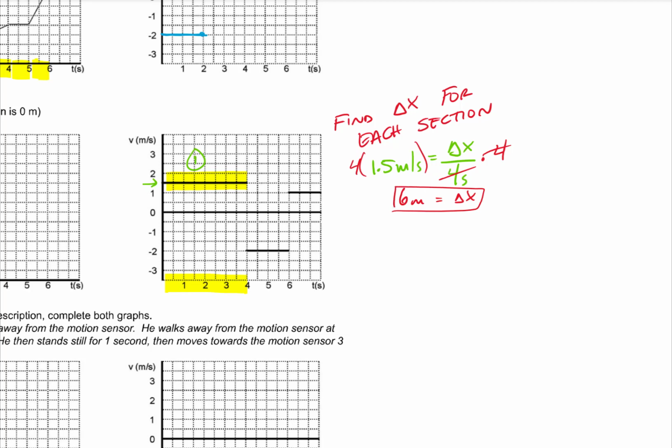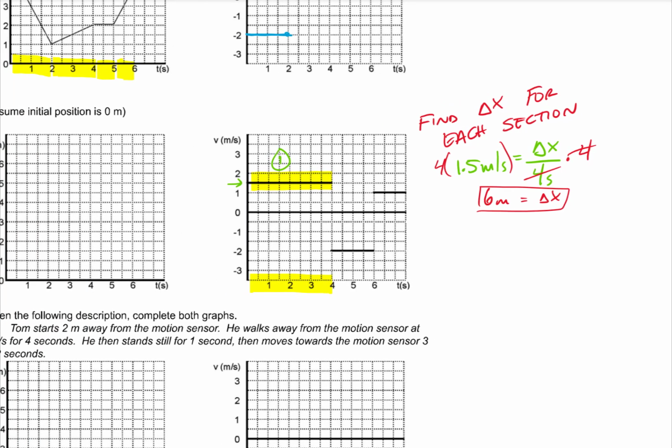So for the first chunk of time, from 0 seconds to 4 seconds, I go 6 meters. So this tells me that I start off at 0 meters. Assume the initial position is 0. And then in 4 seconds, I end up going 6 meters.